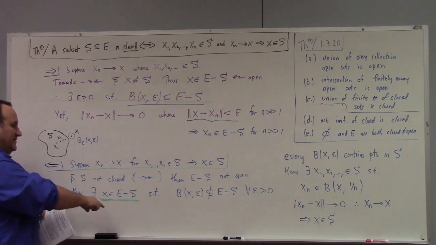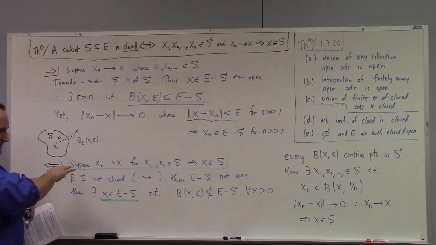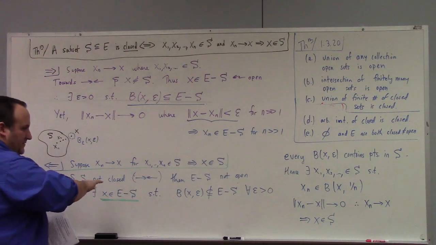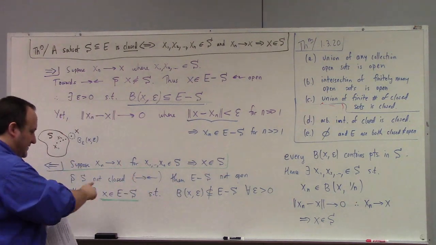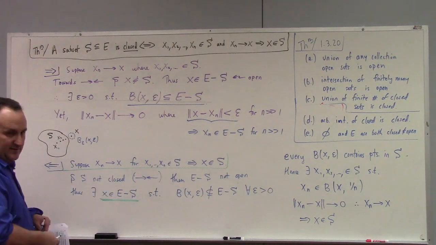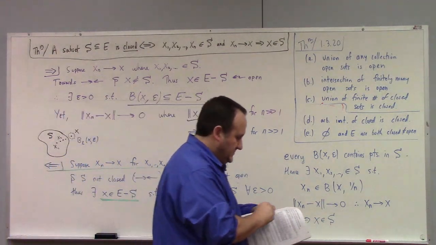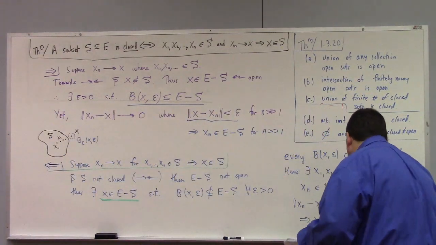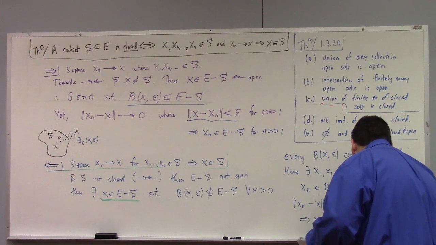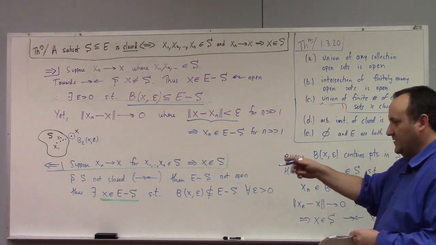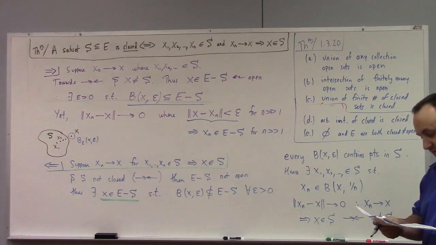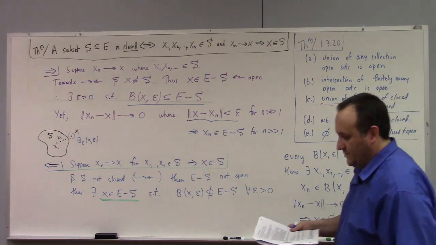We picked this x, constructed the sequence using that, and then that forced us to say x is in fact an element of S, which of course is a contradiction. Right, because to say that x is an element of E minus S is to say that x is not an element of S.